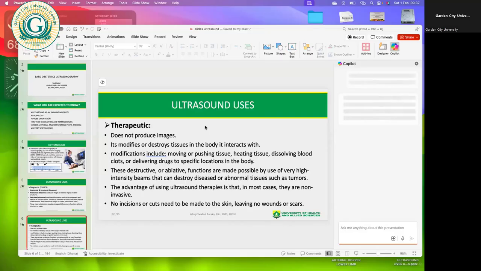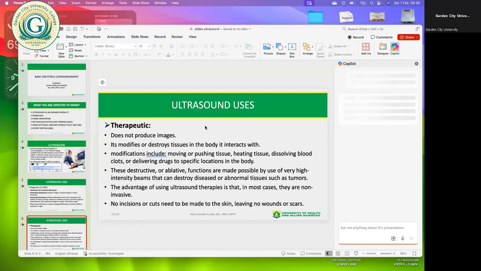So in modern times, we use ultrasound for ablations and other purposes such as dissolving blood clots, pushing tissues away, delivering drugs, and then heating up certain tissues for them to die off. So these are some of the uses of the therapeutic ultrasound.